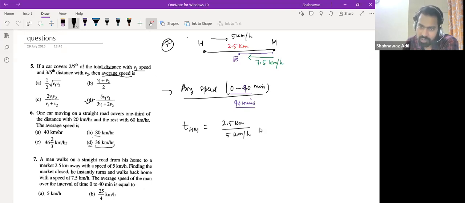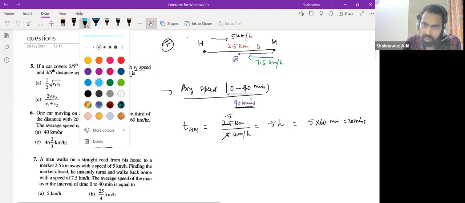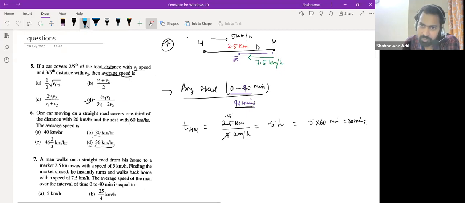So this is how much? 0.5 hour. 0.5 hour meaning how many minutes? Because in this question, the time is given in minutes. So 0.5 hour is half of 60 minutes, which means 30 minutes. So in going from home to market, the time is 30 minutes.